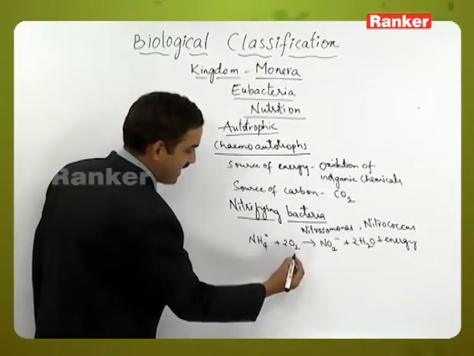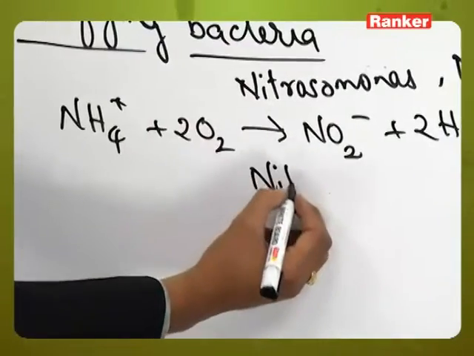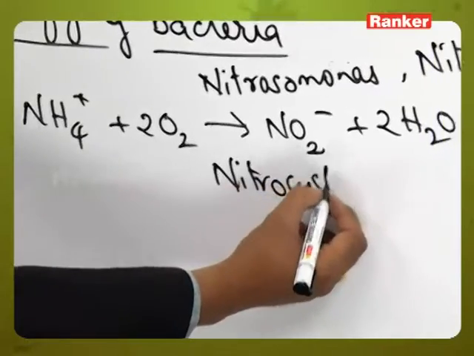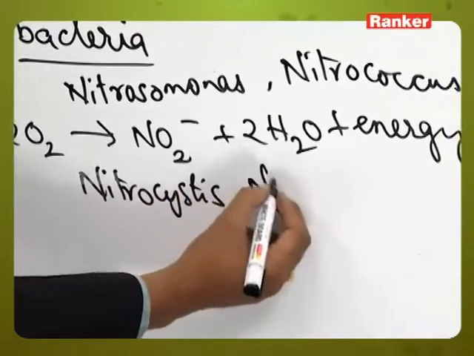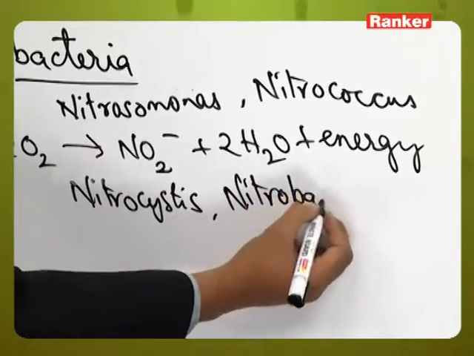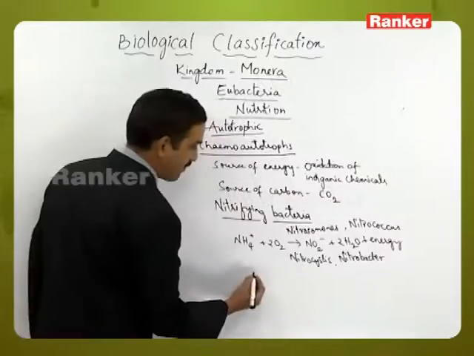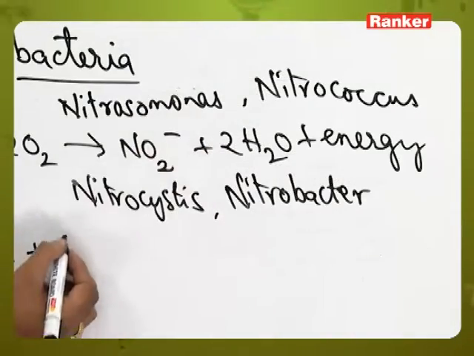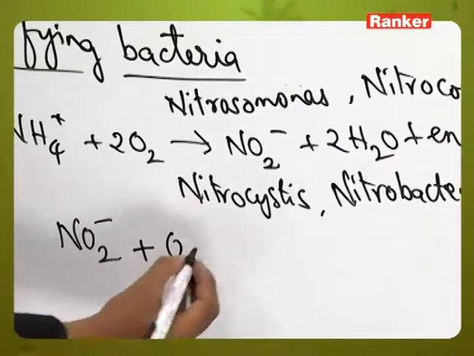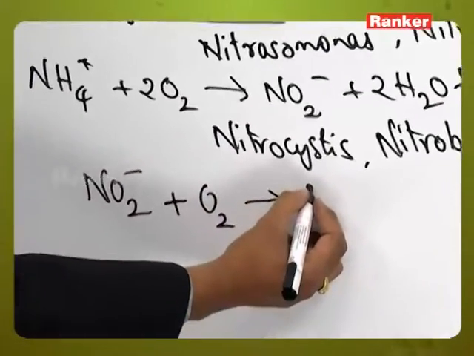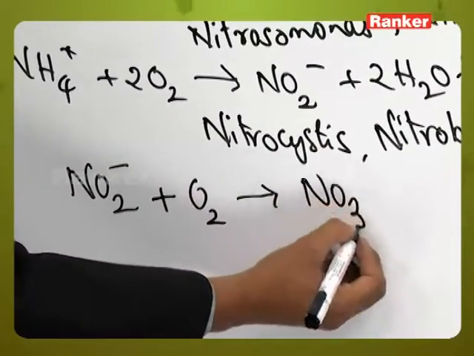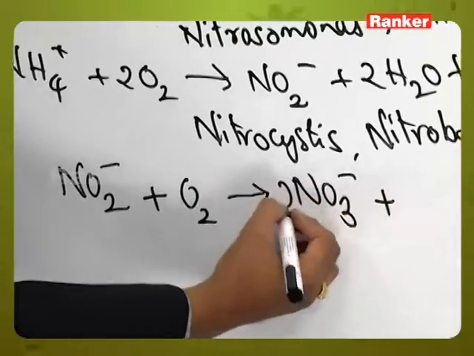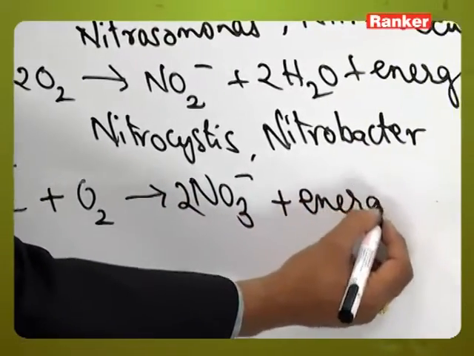And other nitrifying bacteria are Nitrocystis and Nitrobacter. These are the bacteria which oxidize the nitrite further into nitrate molecule, releasing some energy.